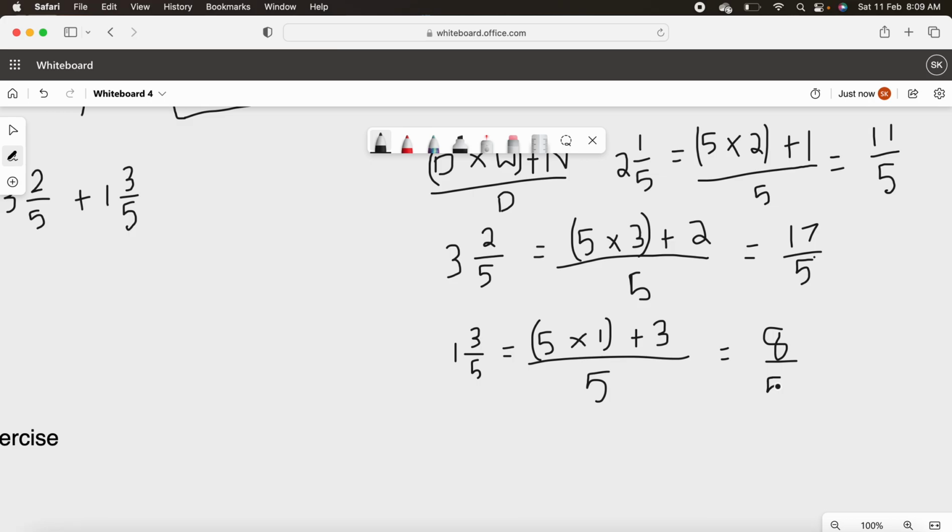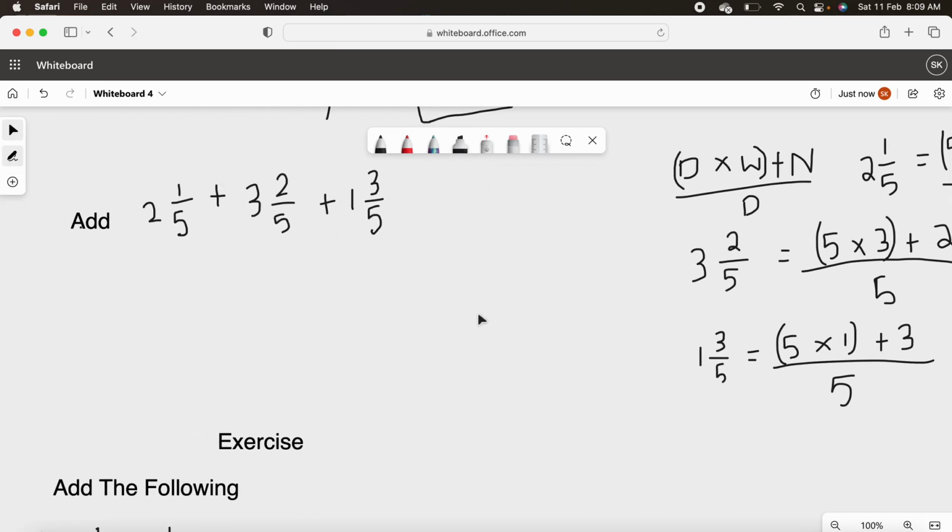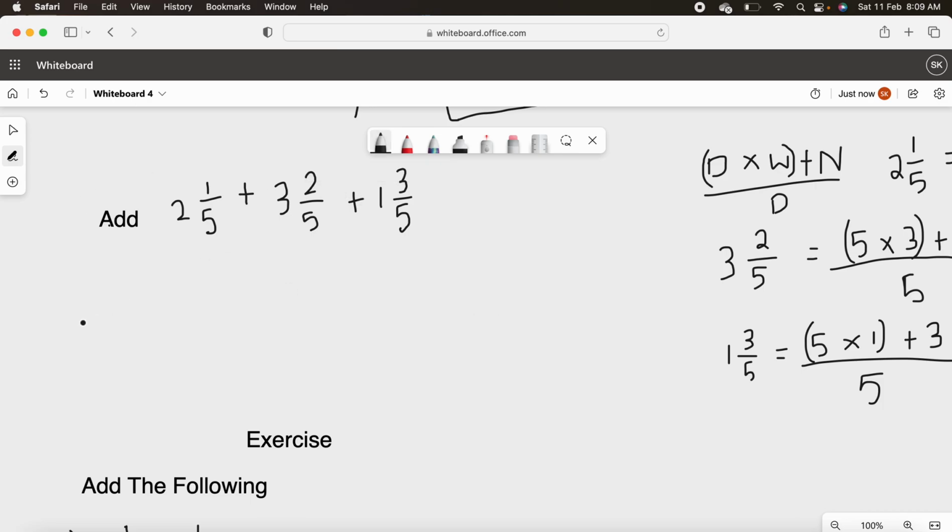So start replacing this by this. 11 by 5, 17 by 5, 8 by 5 is equal to 11 by 5 plus 17 by 5 plus 8 by 5.